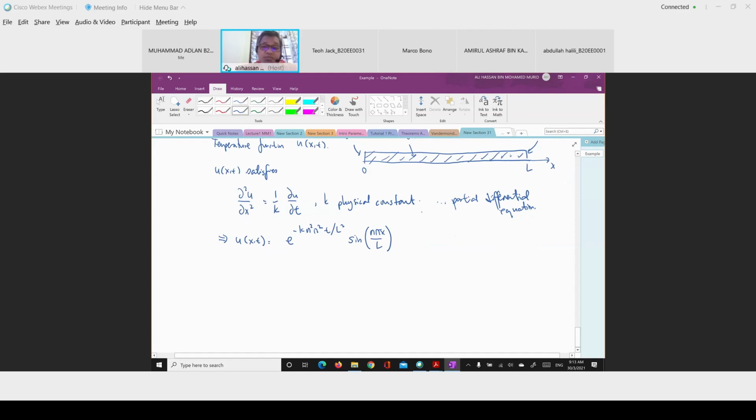You need knowledge of Fourier series. I believe you will take a mathematics course in future that involves this special technique called the separation of variables method, which leads to this Fourier series.